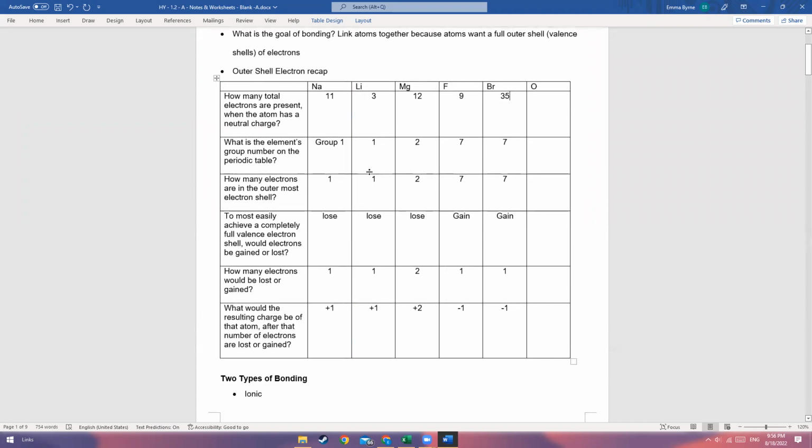All right, so double check your answers here and just make sure this is making sense. If it's not, it's completely okay to ask questions. For oxygen, I am leaving that column blank for now. That is going to be the question you will be addressing in D2L in the Unit 1.2 homework assignment. So try to figure out oxygen.